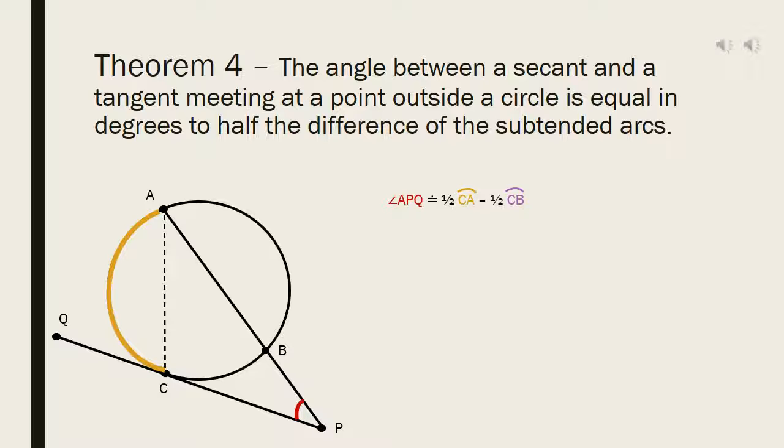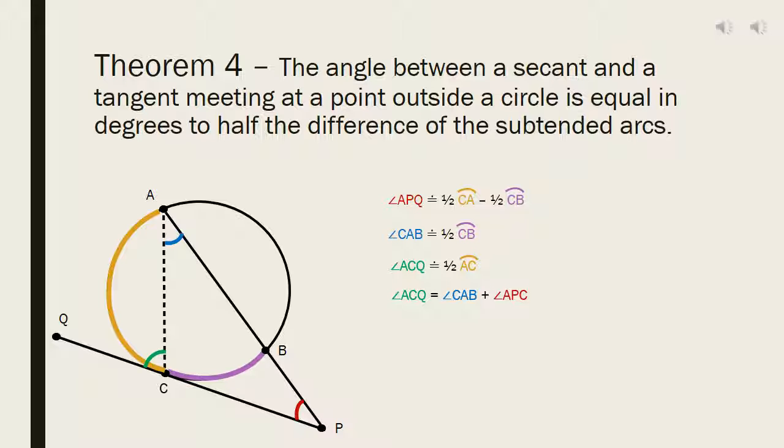So first we can say that angle CAB is equal in degrees to 1/2 of arc CB because angle CAB is an inscribed angle. We can also say that angle ACQ is equal in degrees to 1/2 of the arc AC by theorem 3, which was just proved. We can use some algebra and say angle ACQ is equal to angle CAB plus angle APC, which was mentioned in theorem 1.4.